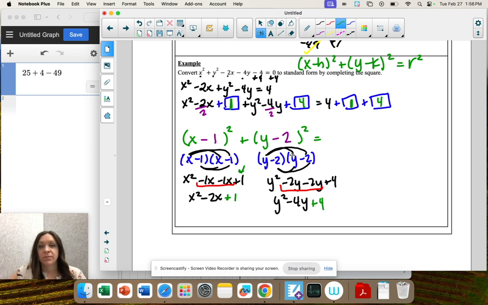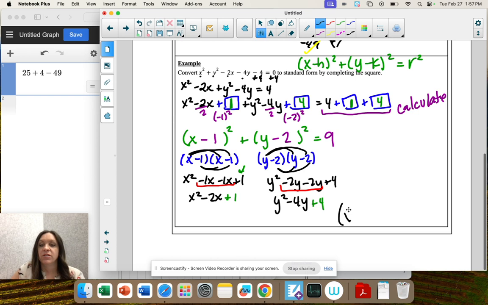Okay. So the shortcut to that is divide that by 2, so -1, and then you would take -1 squared, which is +1. Divide that by 2, you get -2. -2 squared is +4. And then this part, on the other side of the equal sign, you have to calculate, which is 4 plus 1, 5. 5 plus 4, 9.